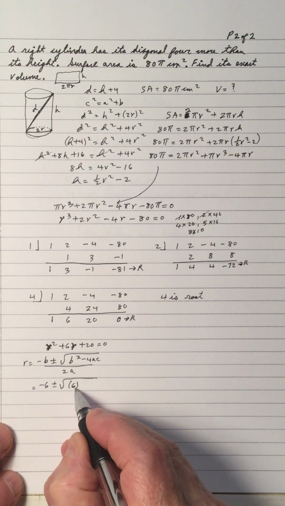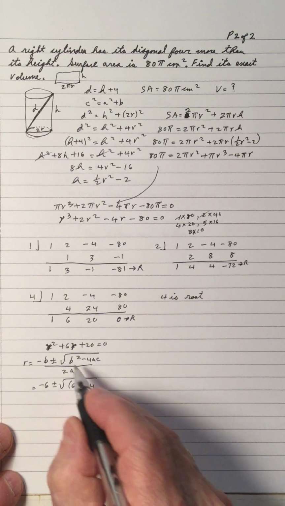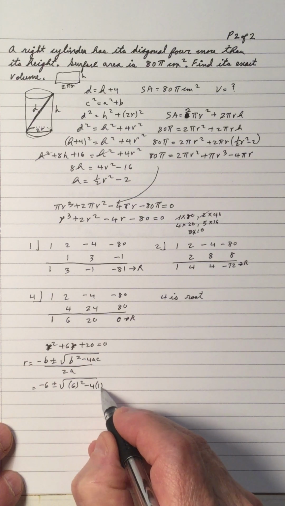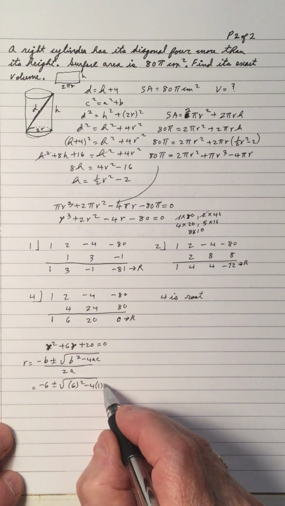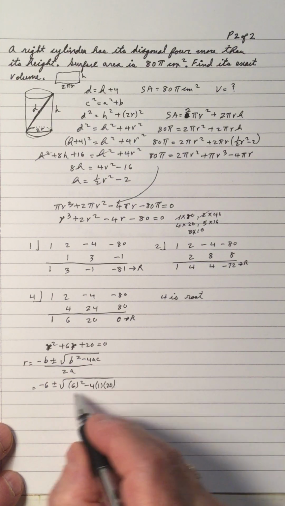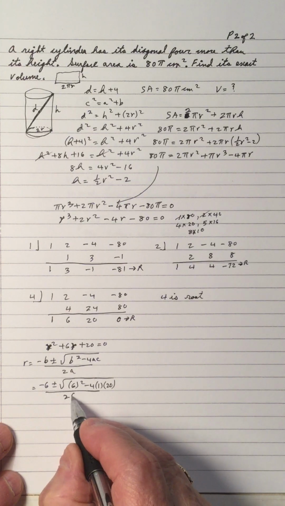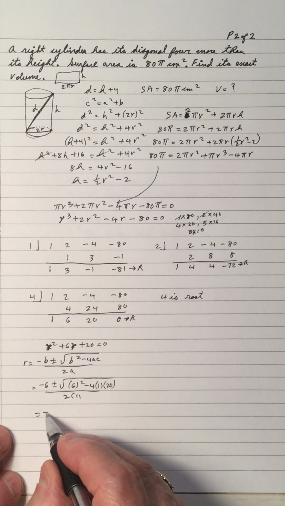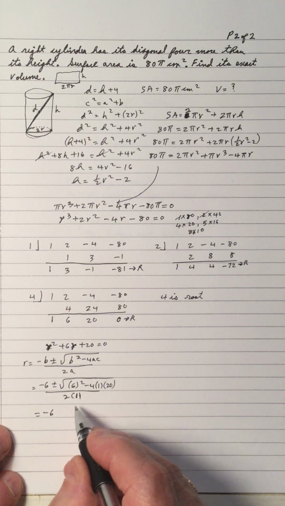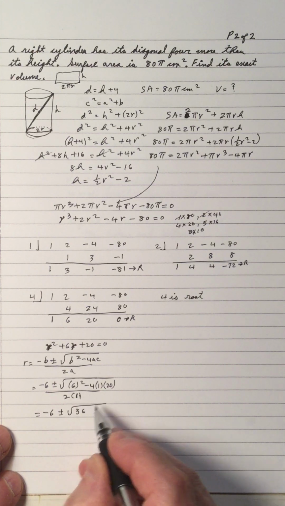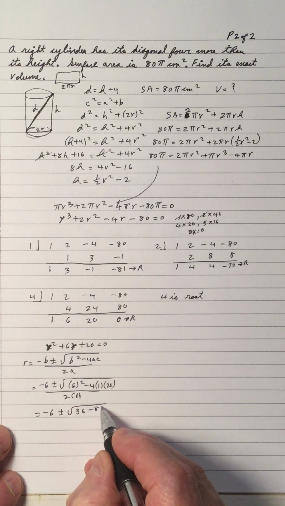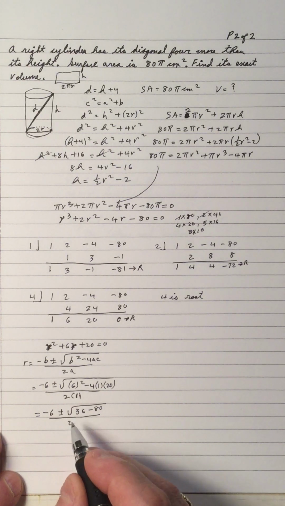B is 6 squared minus 4, A is 1, C is 20, all over 2 times 1. So that gives us negative 6 plus or minus the square root of 36 minus 80, all over 2.